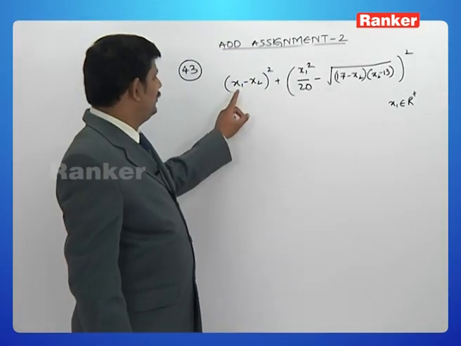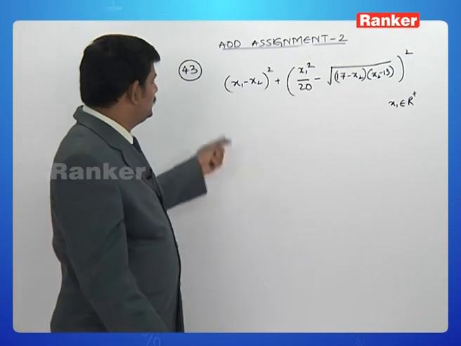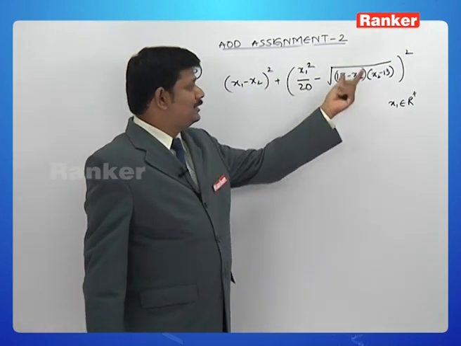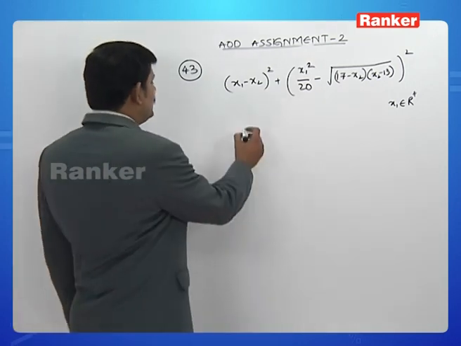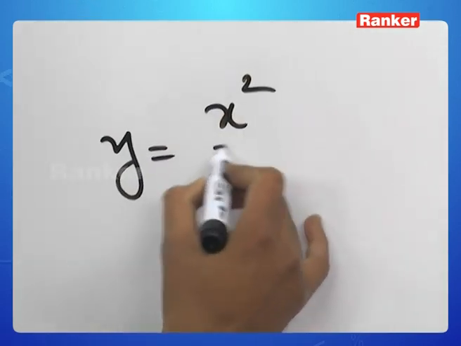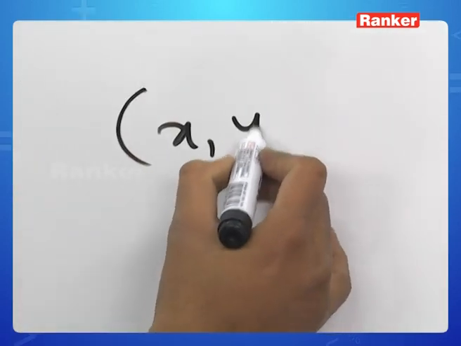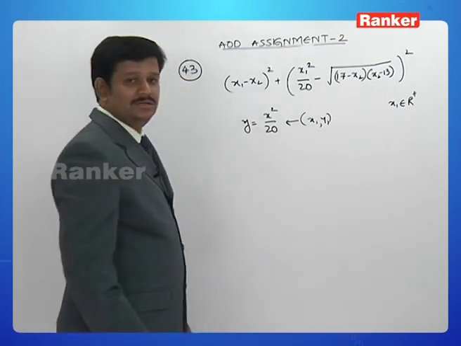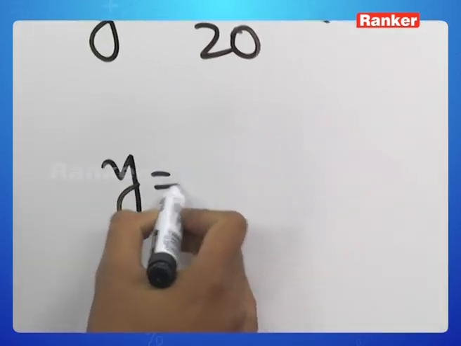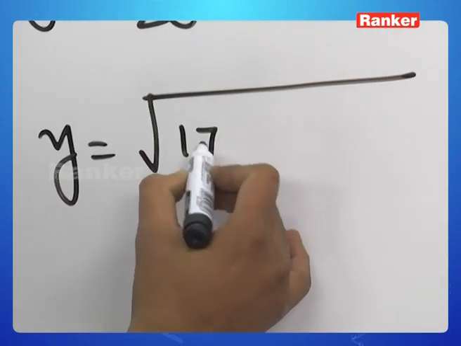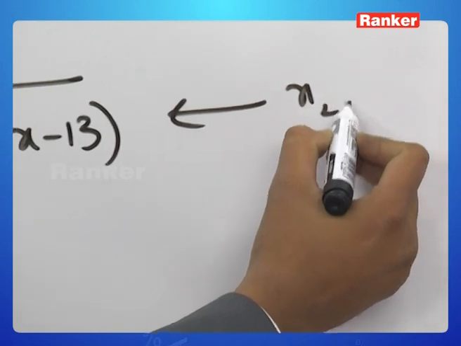Now see, this is in the form of x1 minus x2 whole square plus y1 minus y2 whole square, and looking at that, we recollect the distance formula. So if I consider the function y is equal to x square by 20, x1 comma y1 is any point on this curve, and consider the curve y is equal to root over 17 minus x into x minus 13, x2 comma y2 is a point on this curve.